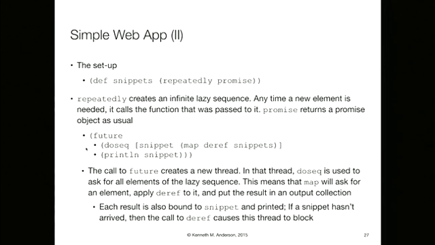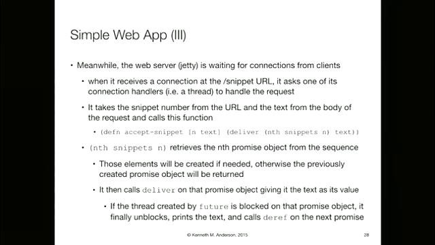Okay, and so then in our other code, the web server, Jetty in this case, is waiting for connections from the clients. It has a bunch of handlers sitting in other threads. From the URL, it finds out what the snippet number is. Once a call has come in from a client, it takes that text and says, I need to deliver. So here's the call to deliver.